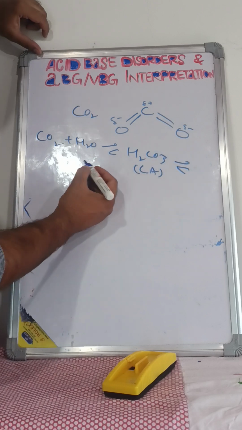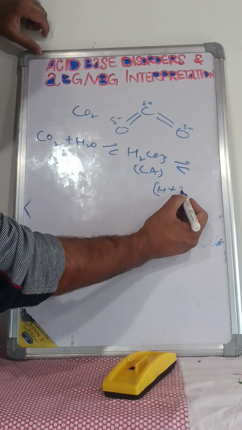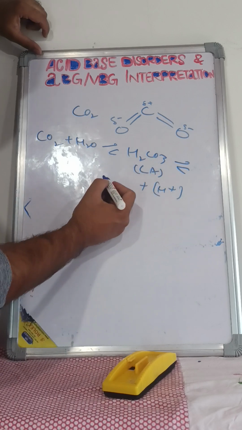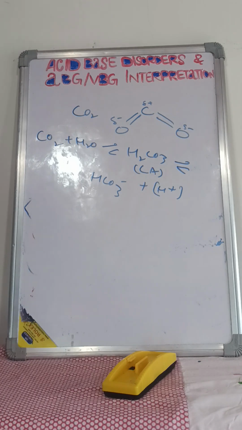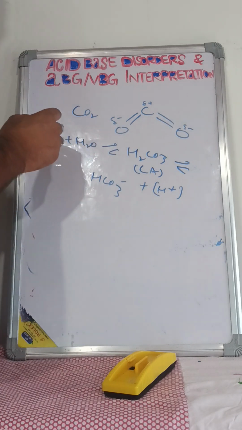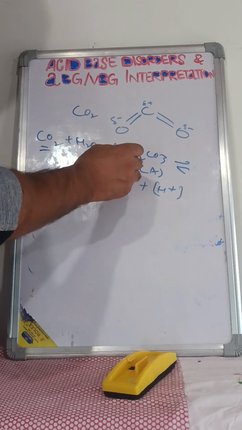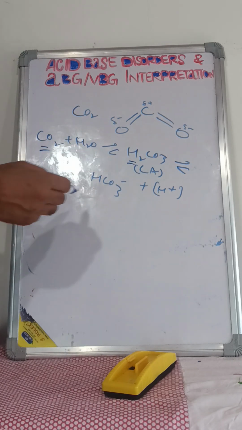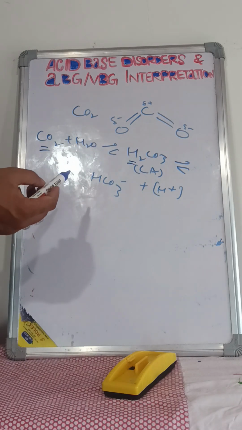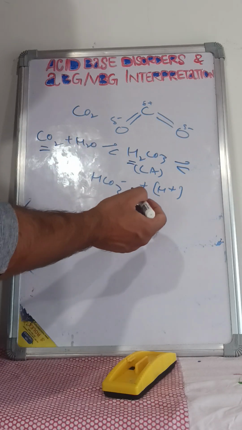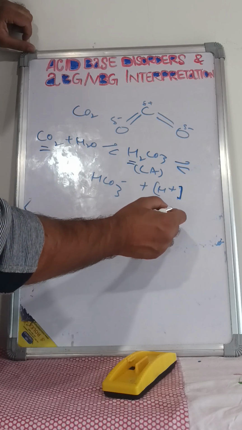It soon breaks down into H positive ions plus HCO3 negative bicarbonate ions. So the more the carbon dioxide, the more the production of carbonic acid, meaning more H positive ion concentration, more acidic blood, and lower pH.